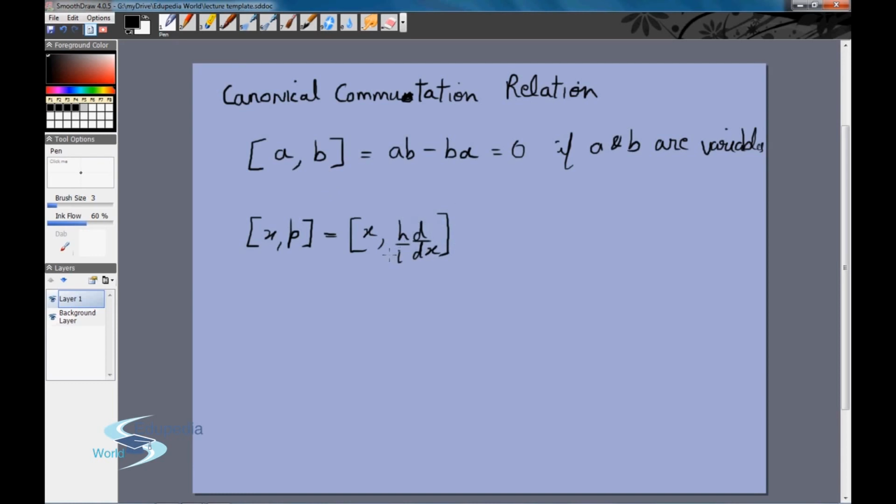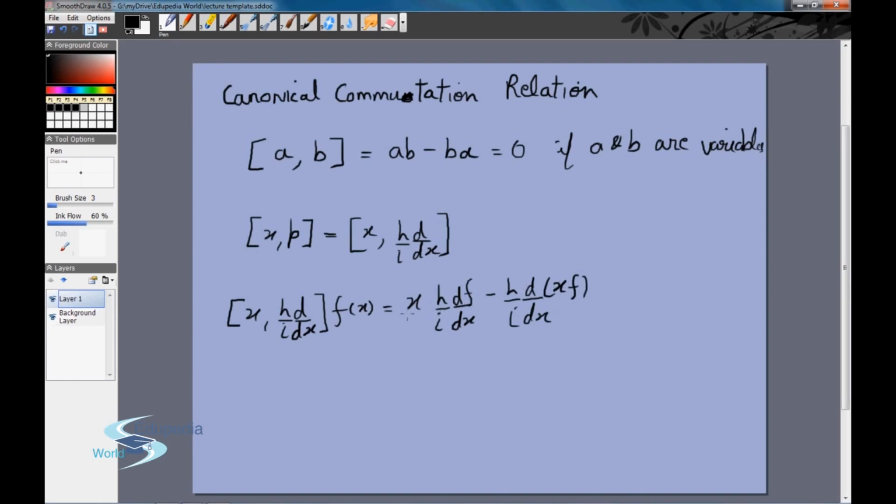And to calculate the value of something like this, what you do is you always apply it to a function. So x times ħ by i d by dx of f, a function f of x, let's say. So this will be x multiplied by ħ by i d by dx of f minus ħ by i d by dx of x times f.